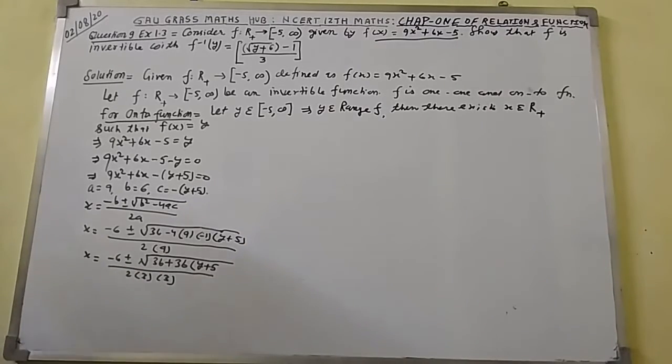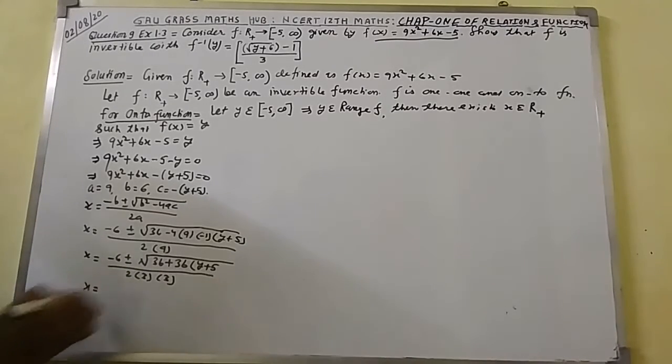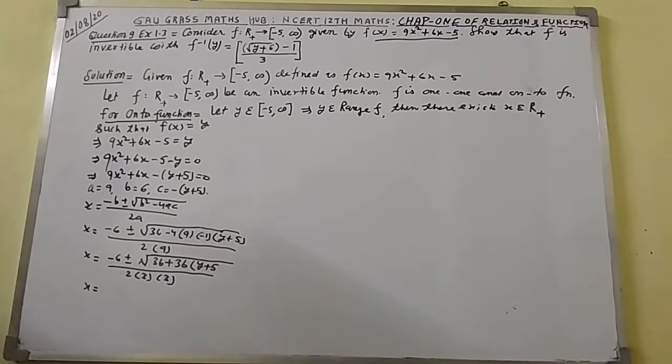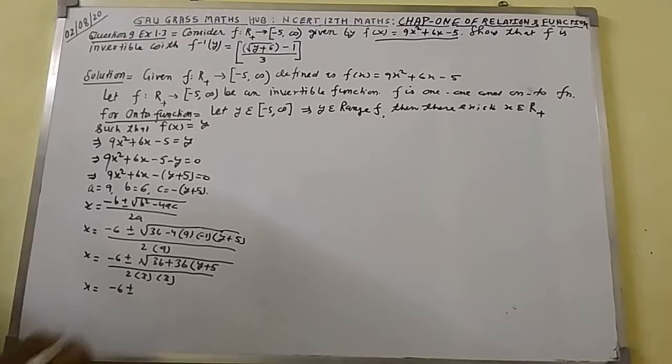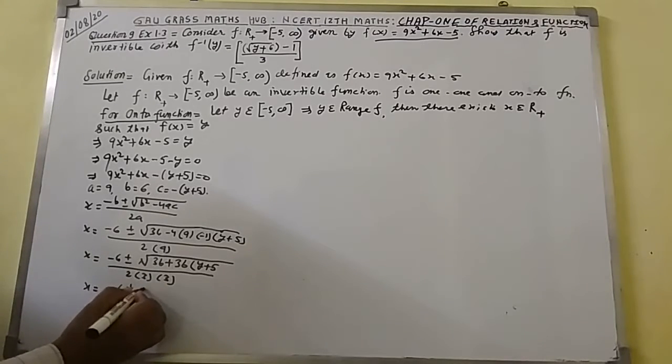So what will we do here? x equals minus 6 plus or minus, under root taking 36 as common, because 36 is there in both terms.